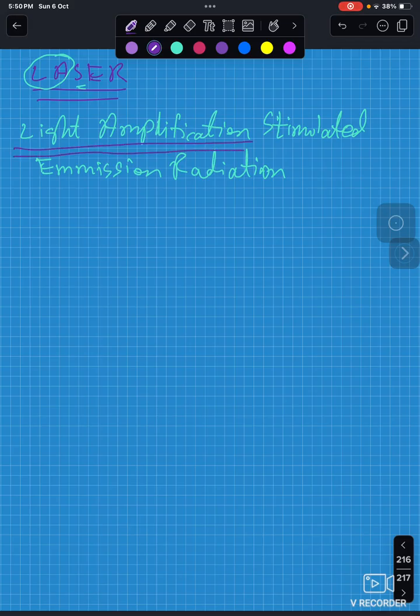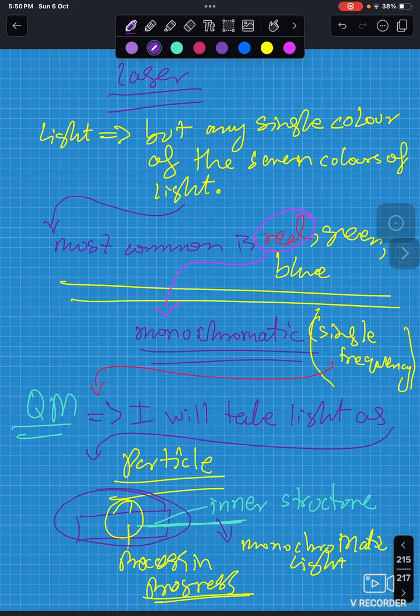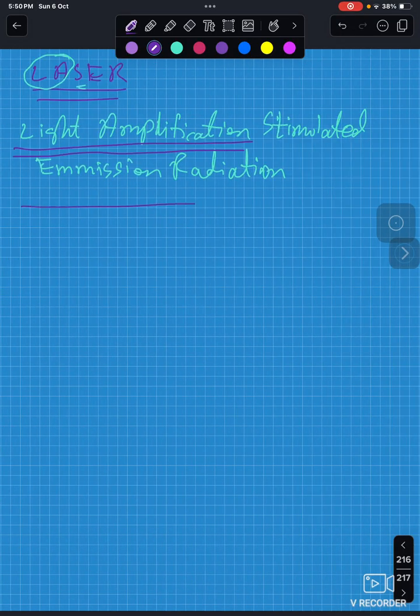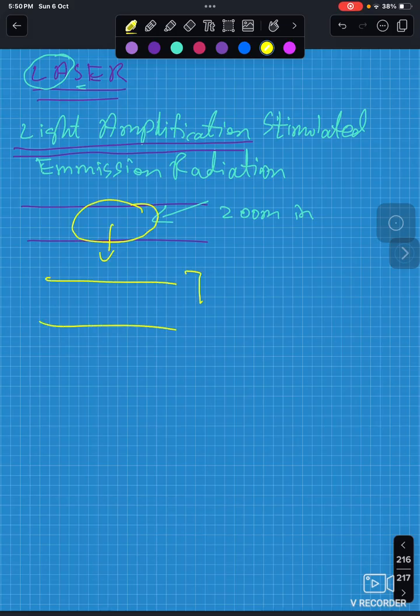Okay, if I zoom in to this L over here, what I will be seeing is energy levels E1 and E2.